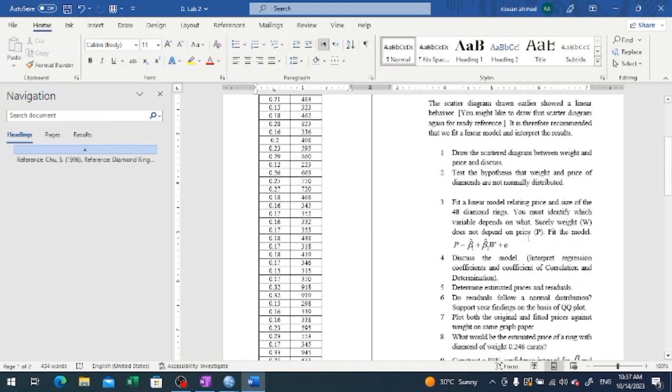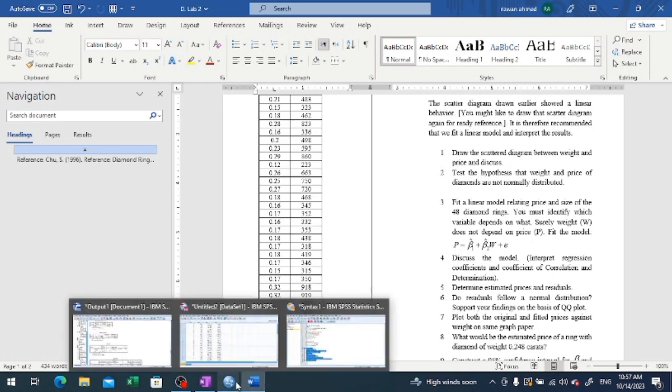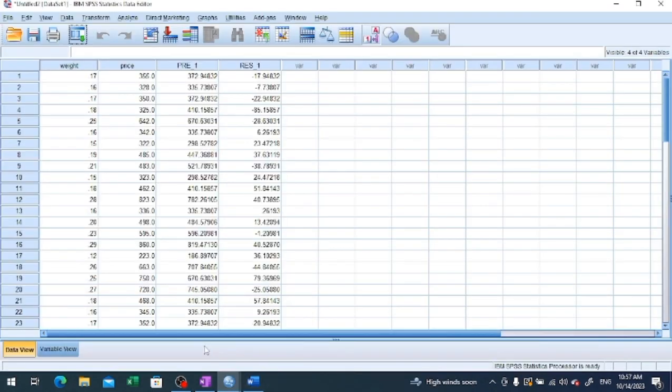Now you can see, go to the data file. Over there we have two more columns added to our data file. We can see easily. The first one is the predicted values that the software has computed after fitting the model on the data, and then residuals based upon the difference between actual price and the predicted price.